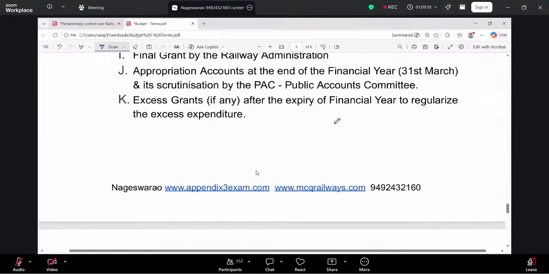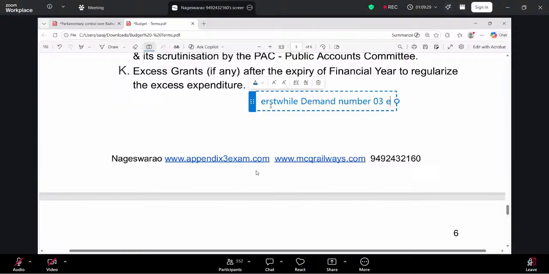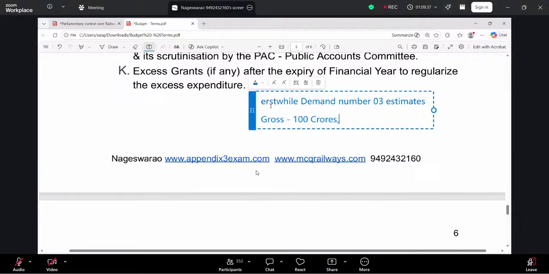Now I'll tell you a small example. Please do the exercise. Demand number 3 estimates: gross 100 crores, credits 5 crores, net 95 crores.